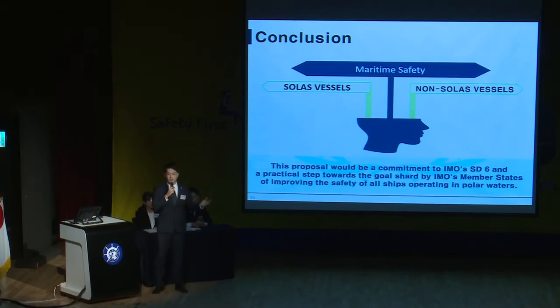Therefore, we urgently need to make safety measures for non-SOLAS vessels operating in polar waters. This proposal would be a commitment to IMO Strategic Action 6 and a practical step toward the goal shared by IMO member states of improving safety of all ships operating in polar waters.